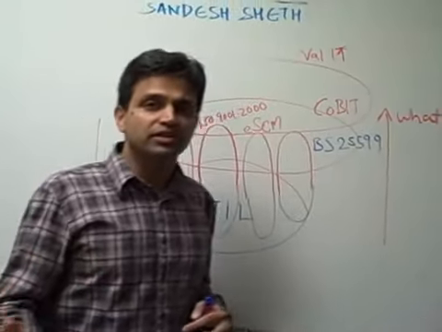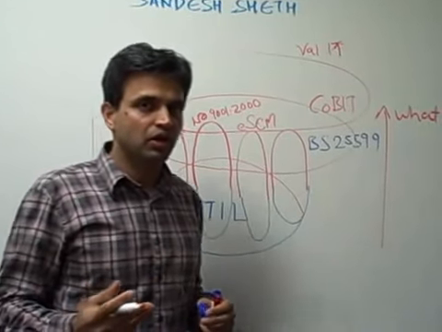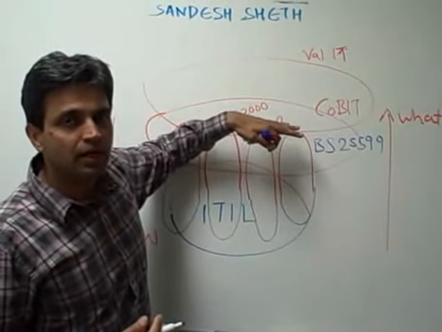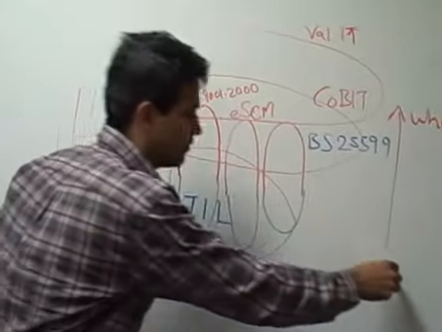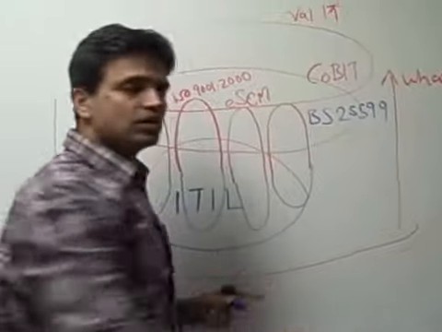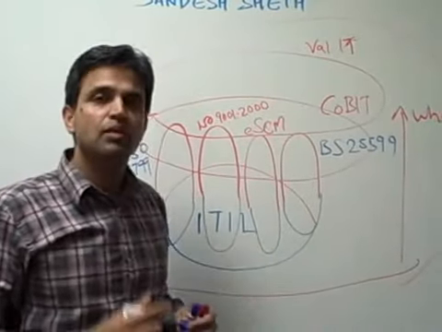For an IT governance to be effective, we need the VAL IT, the COBIT, integrated with these frameworks. So an IT governance would look at all of this put together.